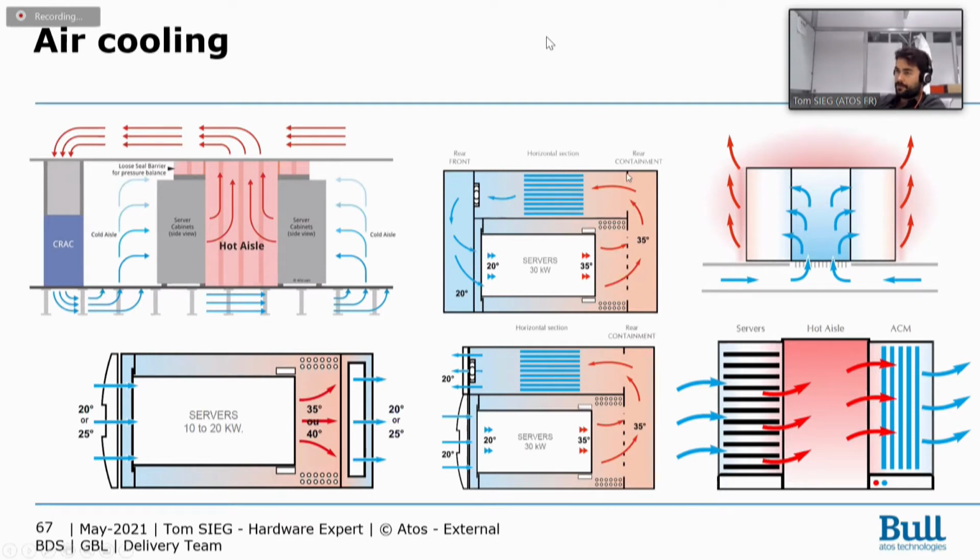Of course, both are efficient, but this one is more efficient because by pushing air with the air unit, you will generate a cold air overpressure here, and that will optimize the fan function.